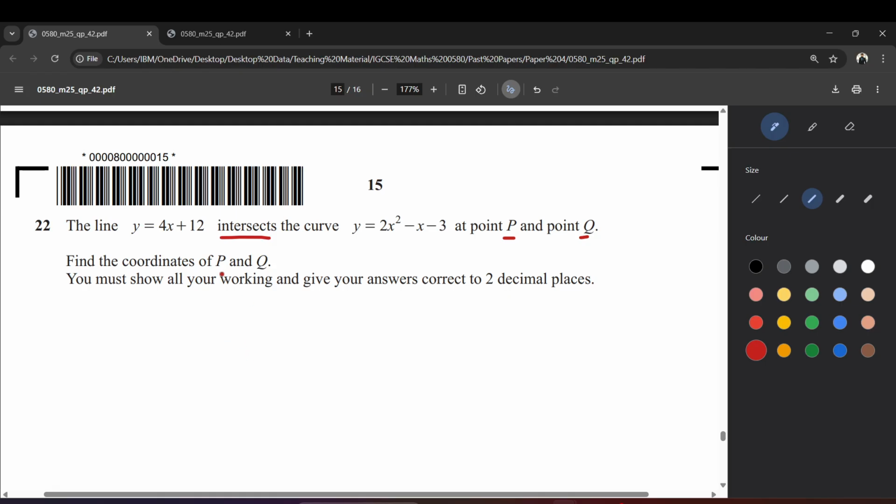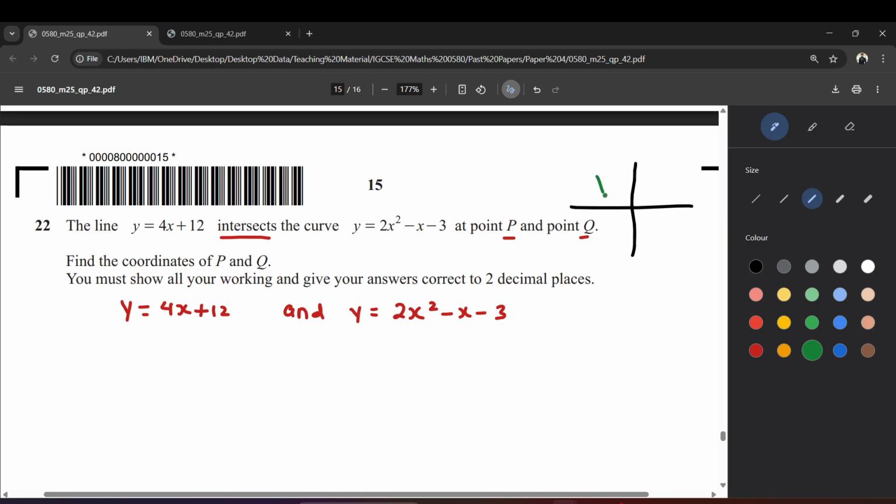Okay, so we know that y is equal to 4x plus 12, and we also know that y is equal to 2x squared minus x minus 3. When these two intersect, let's say I just draw a sketch of what the graphs should look like. If I draw y equals 2x squared minus x minus 3, it should look something like this.